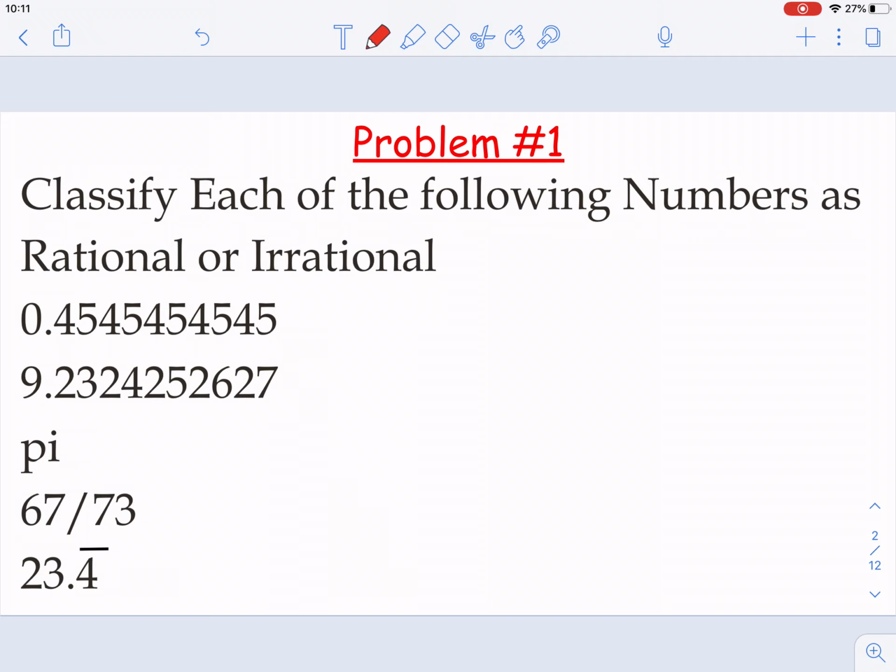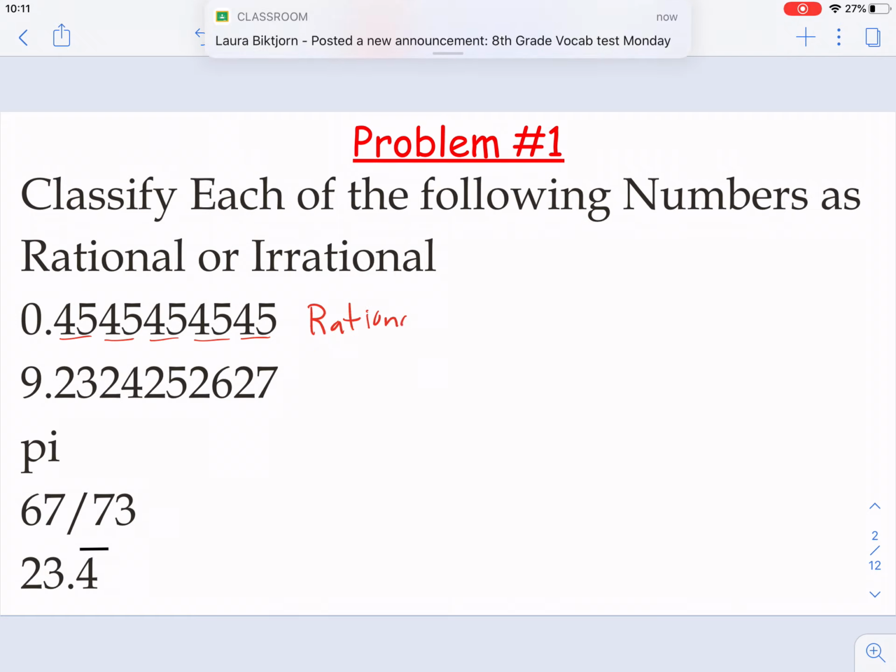If I look at this number, the 4 and 5 is repeating. I have 4, 5, 4, 5, 4, 5, 4, 5, 4, 5. Since this number is repeating, this would be a rational number.